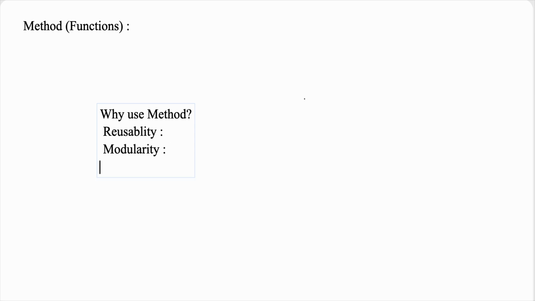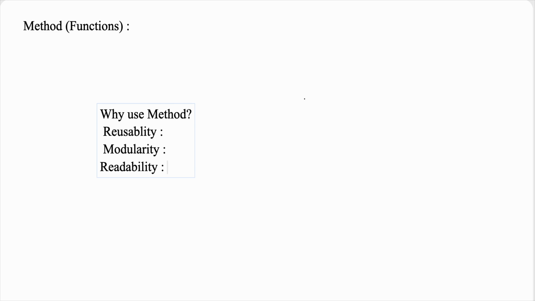The third thing is readability. Readability means the code is easier to read and understand. The method makes code easier to read and understand, we can say.